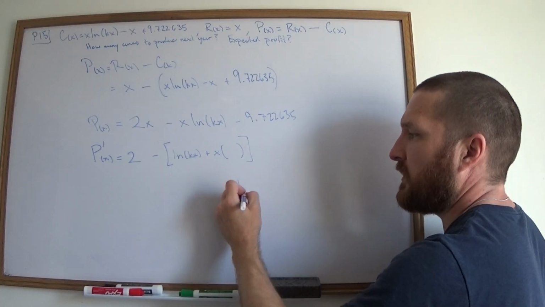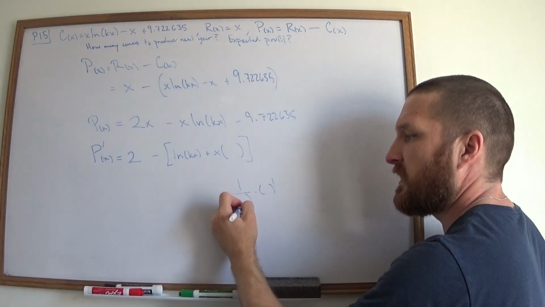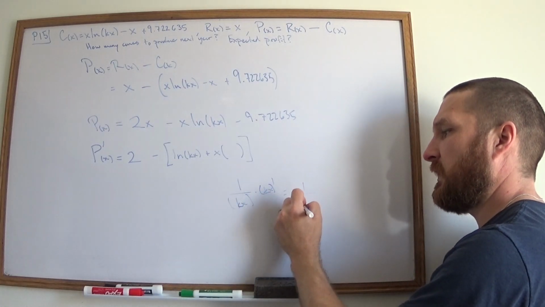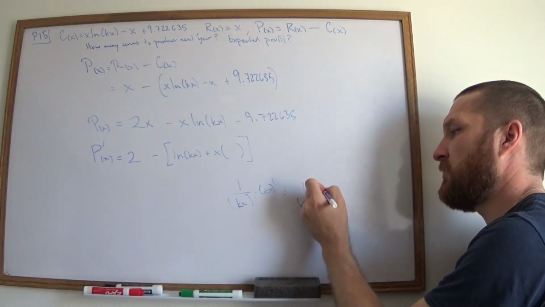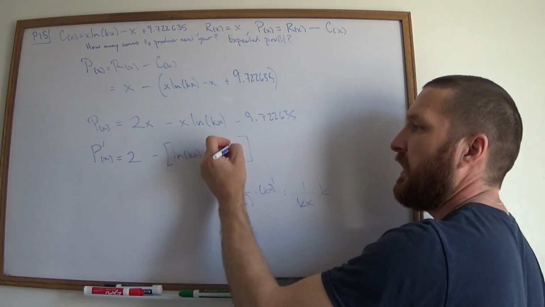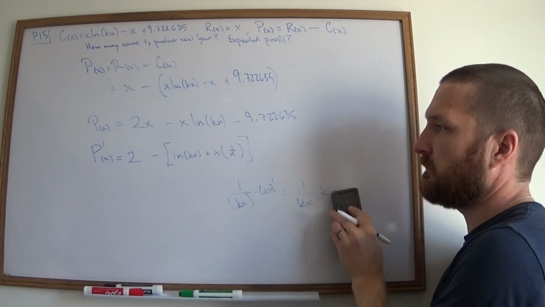The derivative of log is 1 over the stuff, then multiply by the derivative of the stuff, which is kx. So we have 1 over kx, and the derivative of kx is just k. So those cancel, and I'm just left with a 1 over x. Okie doke.